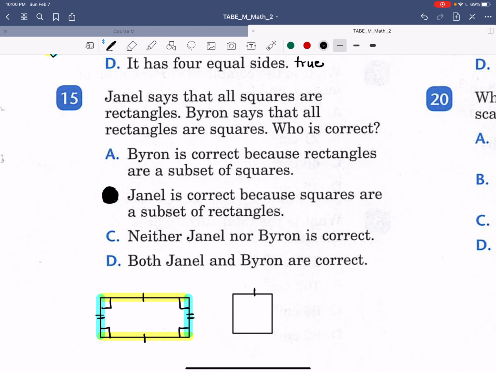Here we have sides that are all the same length, but we still have the 2 sets of parallel lines. And we still have the right angles. So Janelle is correct. The square is a subset of the rectangle definition.